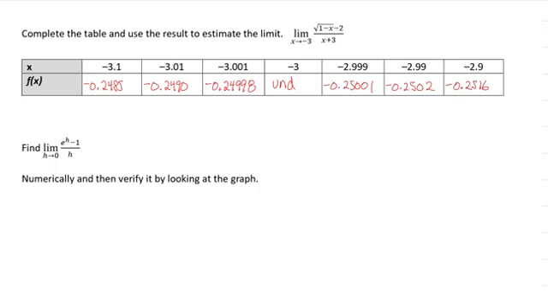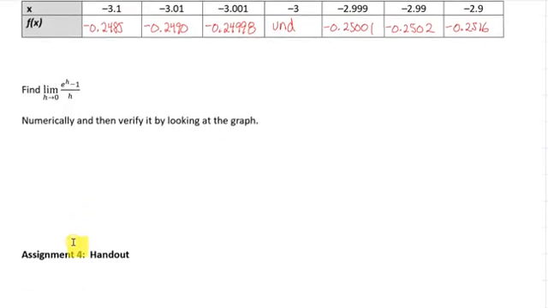So we would say that this limit is negative 0.25. Okay, again, I would suggest turning off and taking a look at this one, not only with a table, but graphically, and then come back and see what you've got.